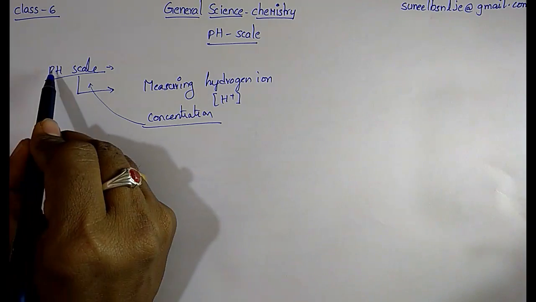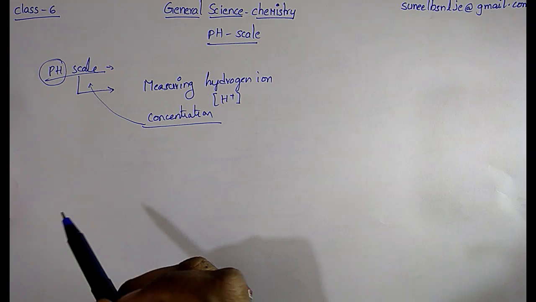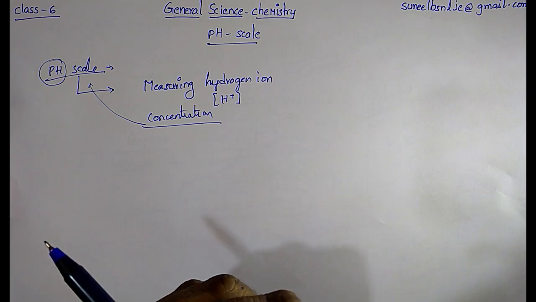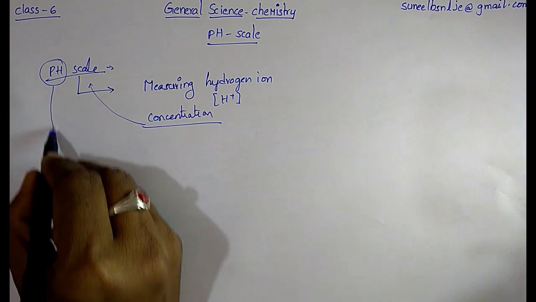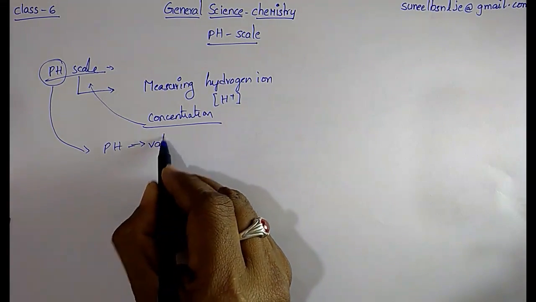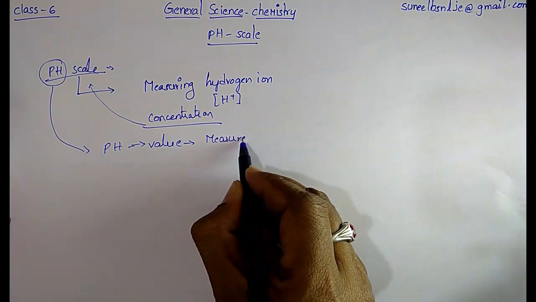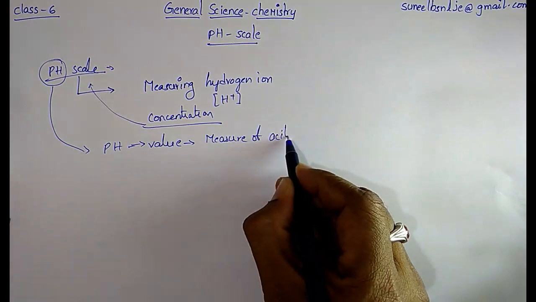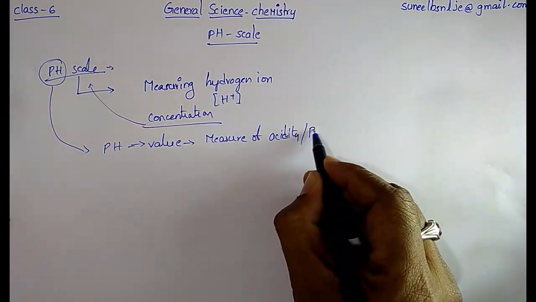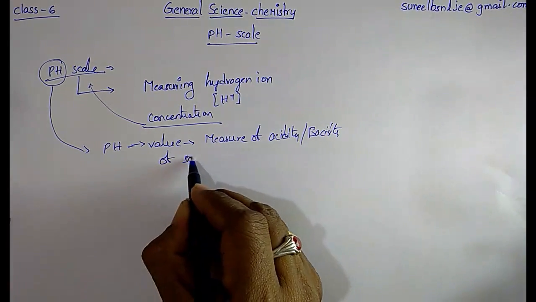The pH value is the measure of acidity or basicity of a substance, or of a solution.